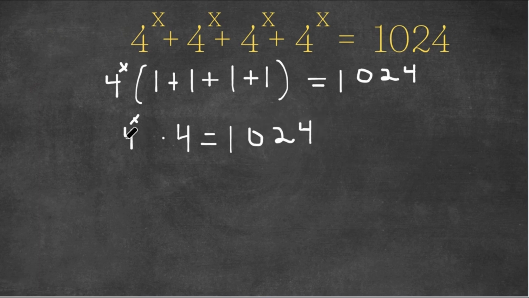Now, if you notice, these two have the same bases. Whenever we're multiplying exponents, let's say we have a to the power of m times a to the power of n, this is equal to a to the power of m plus n.